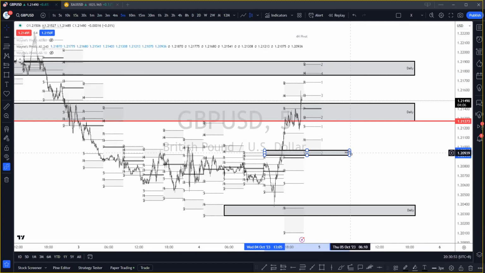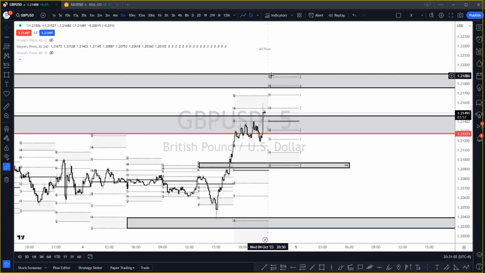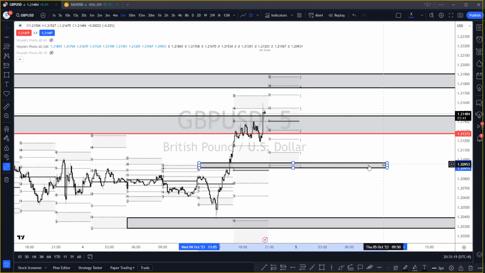And again, if this level is broken, you can see that the next 4 hour block has already been created. The next 4 hour block is going to be finalized in the next 30 minutes. The M1 to S2 is at this level, and if it's broken, which means you will have broken this H4 level.